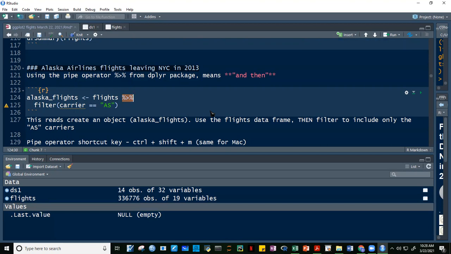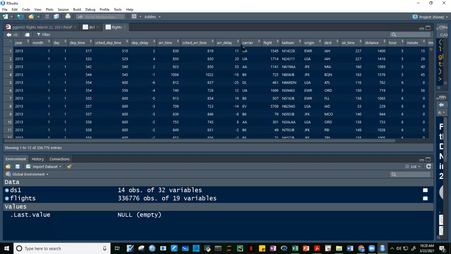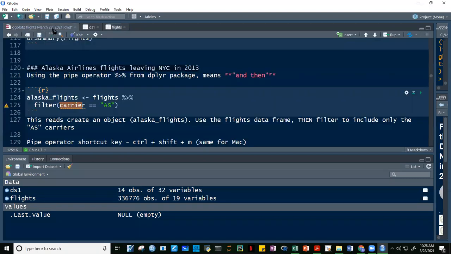Pero gagamitin lang natin si AS, no? Alaska Airlines. So the code there is filter, open parentheses, the variable carrier, ito yun, ano? Flights, si carrier ito. No? Yan. So si carrier, the variable carrier, and then equal to AS.